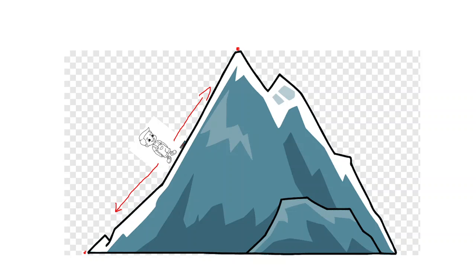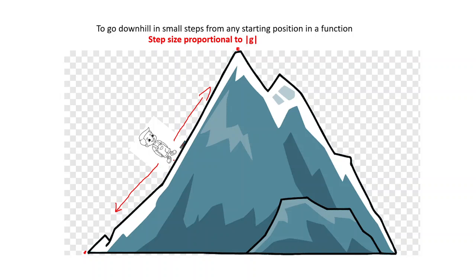So now in gradient descent, when we are dealing with the error function, we definitely would like to minimize the function. So what we are doing in gradient descent is going downhill in small steps from any starting point in a function. Say in this case we are standing here, in a step size which is proportional to the norm of g. So what is this norm of g?